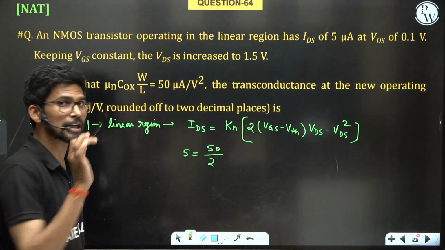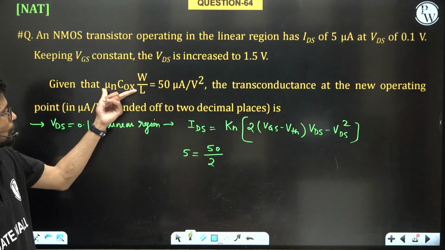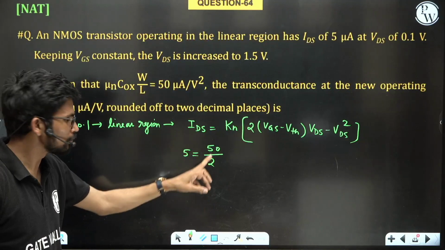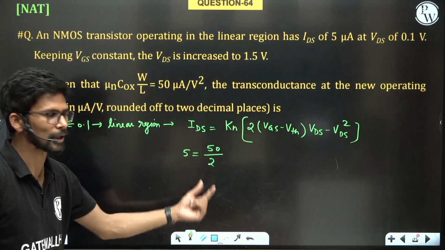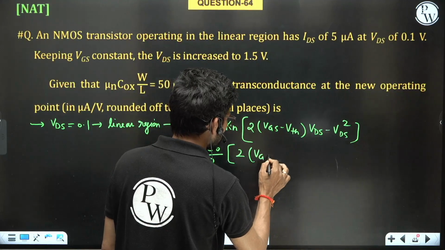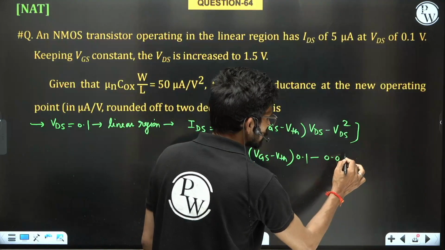And capital Kn is mu n Cox W by 2L. You are given the value of mu n Cox W by L, which is 50, so Kn is 50 divided by 2. And there is 2 into VGS minus VTH, which we don't know, and VDS is 0.1 minus 0.01.